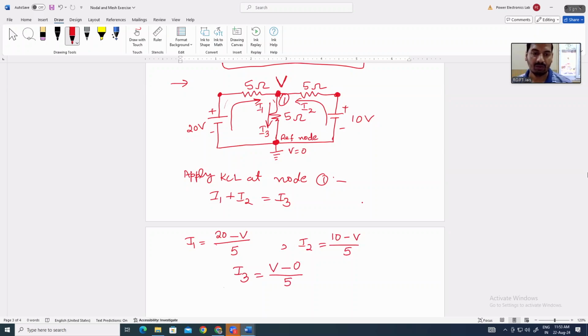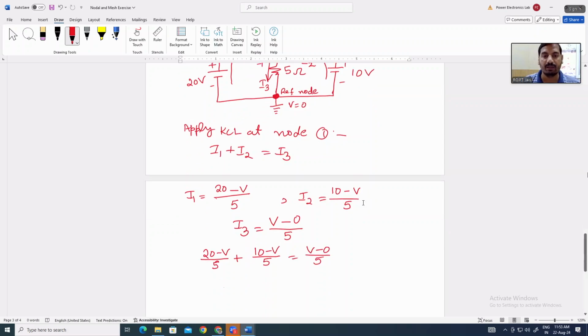Okay, so we will put all these values in this equation. So (20 minus V) divided by 5 plus (10 minus V) divided by 5 is equal to (V minus 0) divided by 5.